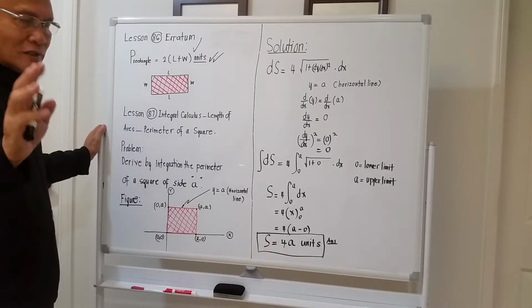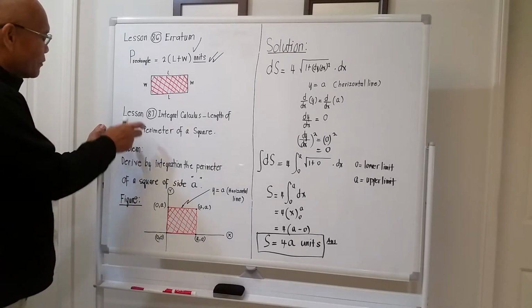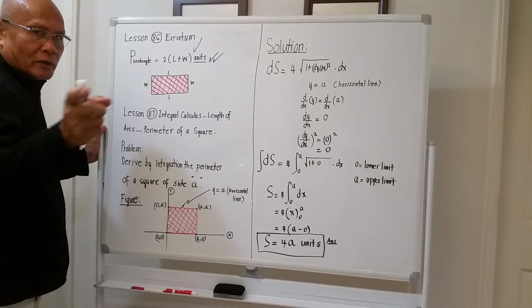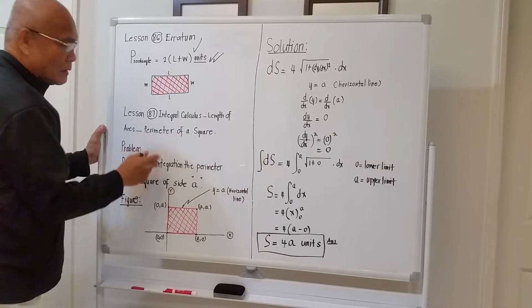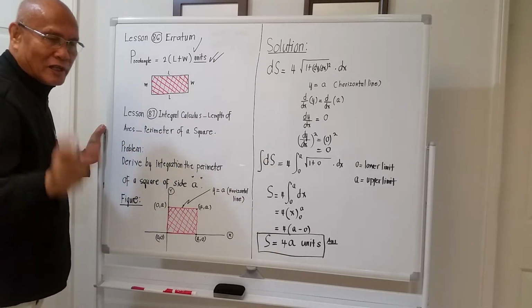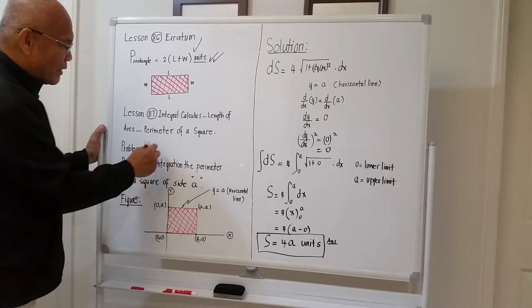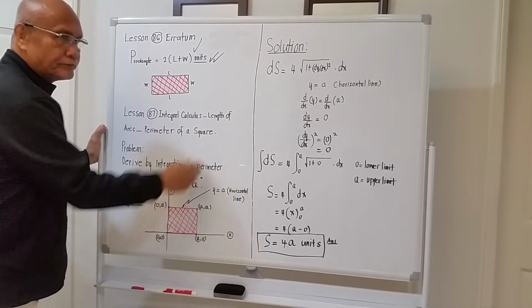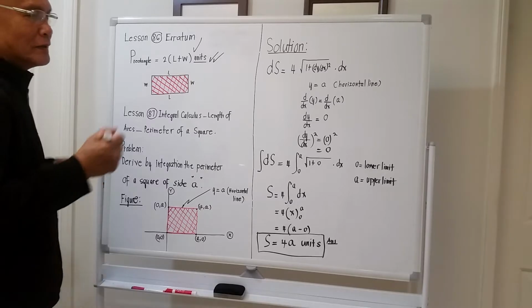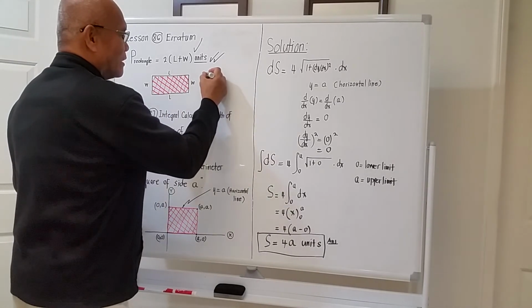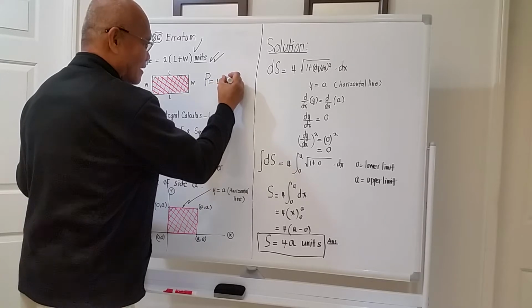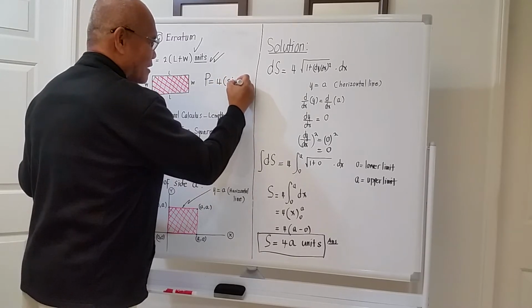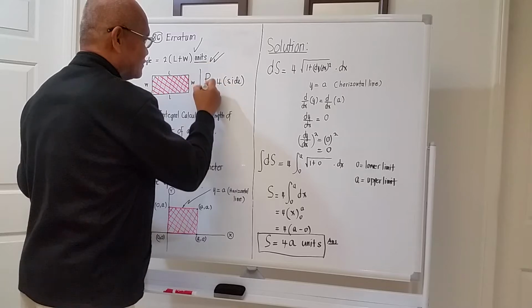My new lesson for this afternoon on my channel will be lesson number 87, still on integral calculus, length of arcs. This afternoon, we will derive the perimeter of a square. So, under lower mathematics, the perimeter for a square is actually 4 times the side, right?